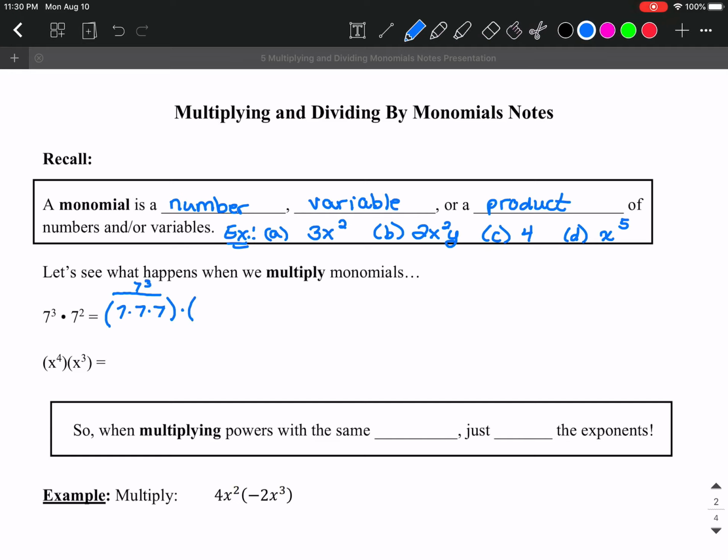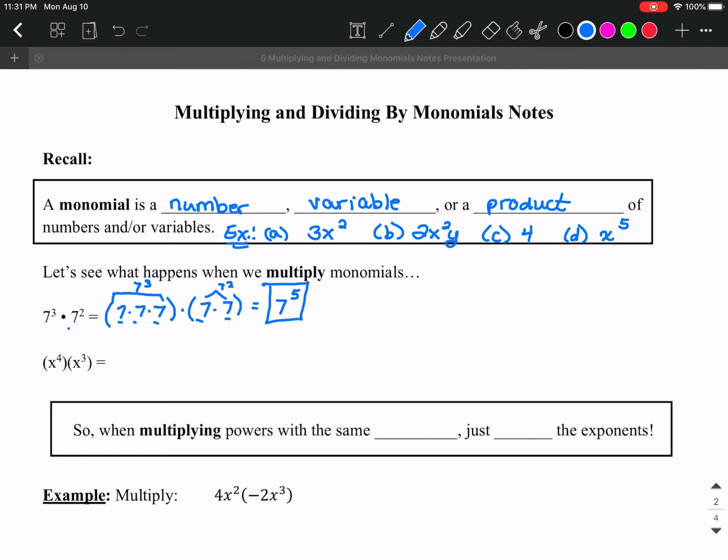And we're going to multiply that by 7 squared, which would be 7 times itself twice, or 7 times 7. Now when we do this, we say, oh, look at this. There's 1, 2, 3, 4, 5 7s. That's 7 to the 5th power. Okay, so now look at those exponents. What did you do to the exponents from 7 cubed times 7 squared to get to 7 to the 5th?